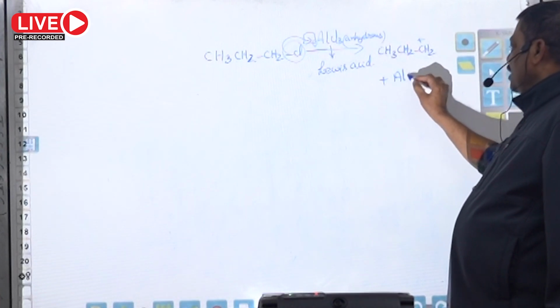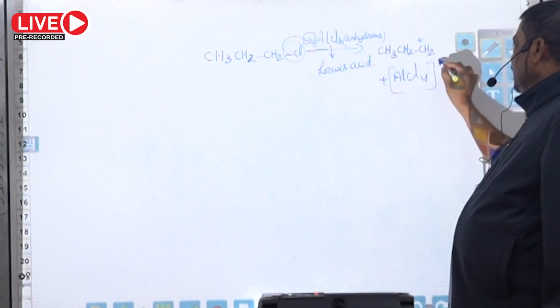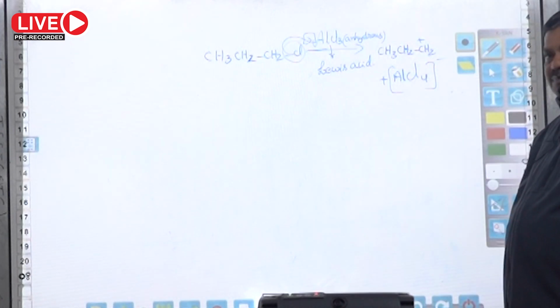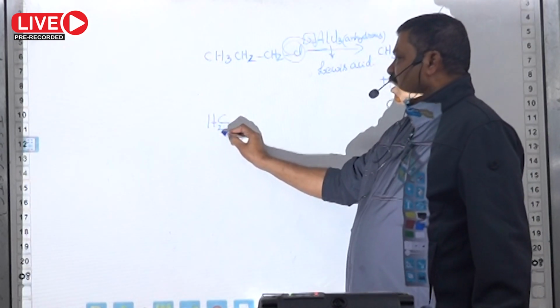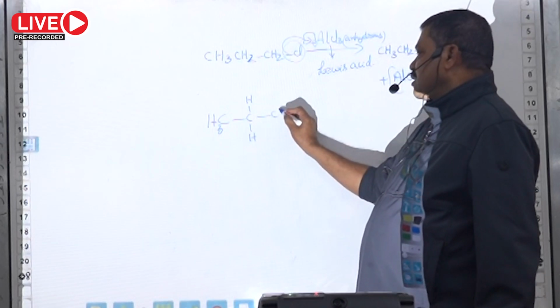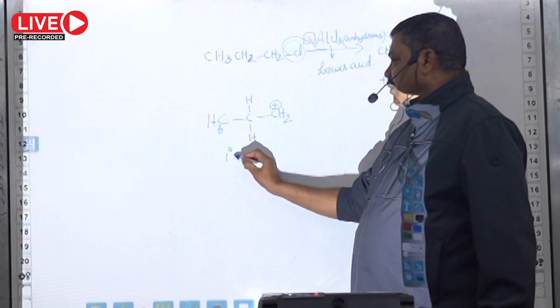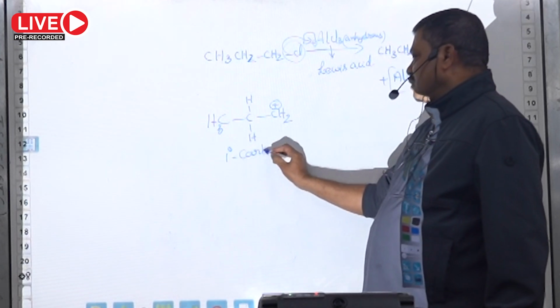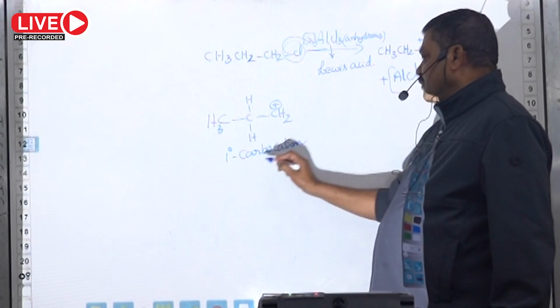plus AlCl4 minus. So what you are getting? Primary carbocation. You know, primary carbocation is unstable, it is less stable.